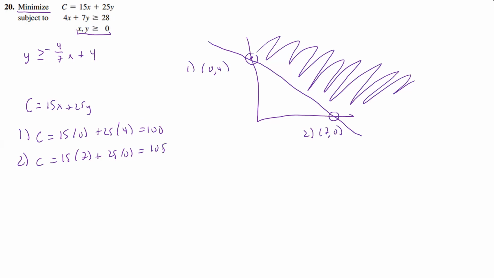So if we're minimizing this, 100 is going to be our minimum. So our minimum C is equal to 100 at the point 0, 4. That's what we have for our minimum cost. All right, so let's stop there and we'll come back for some more.